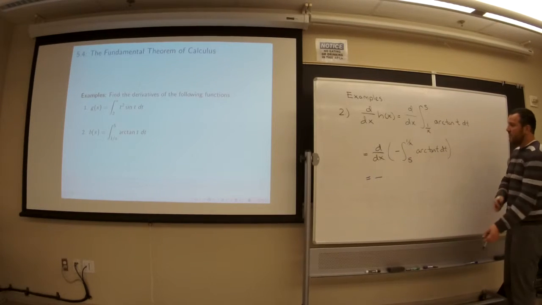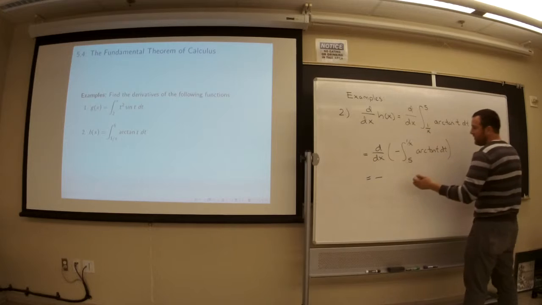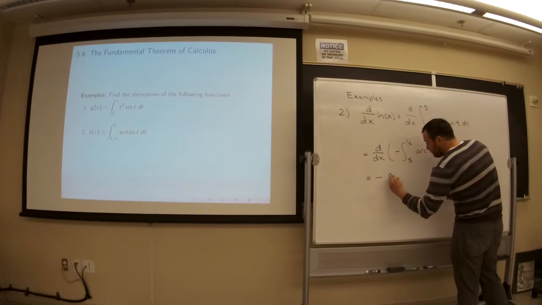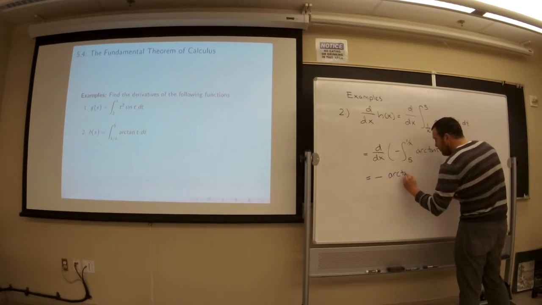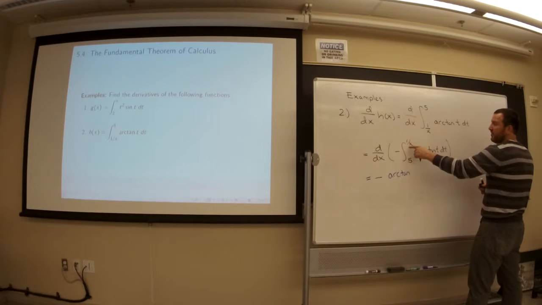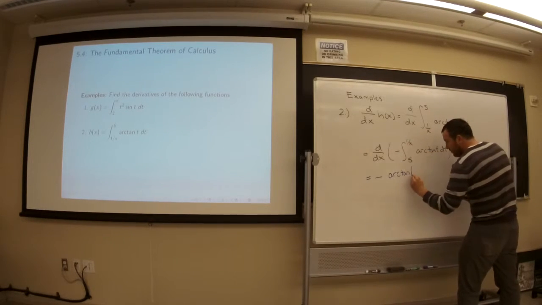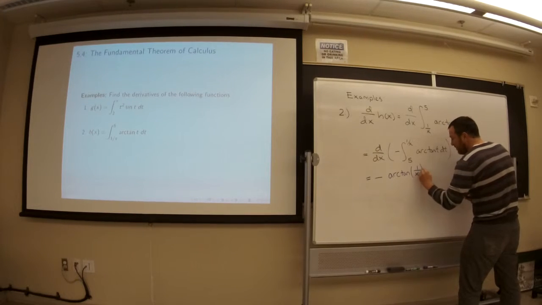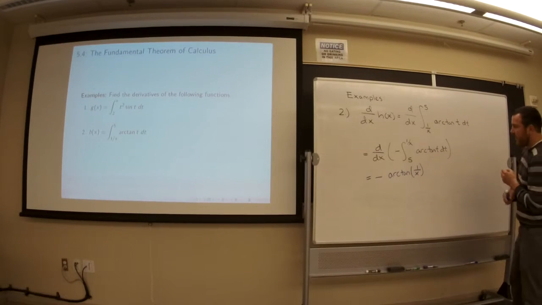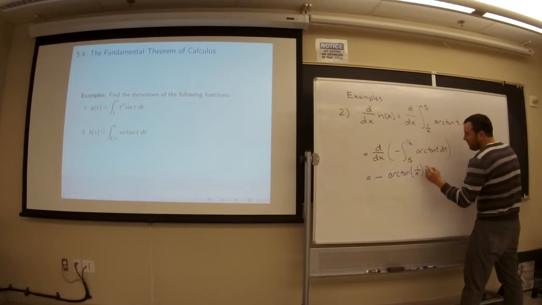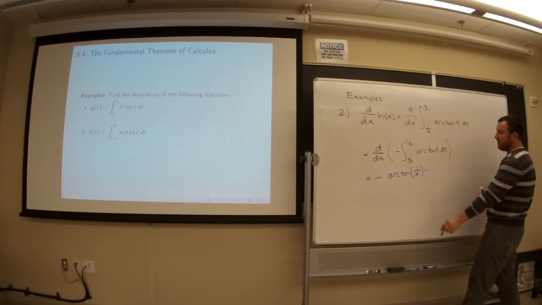So we're going to have to use the chain rule. So we'll get arctangent of the inside function again. So if this were an x, again, we'd plug in x. But this is 1 over x, so it's arctangent of 1 over x. But now we need to multiply by the derivative of 1 over x, because we have a composition of functions.